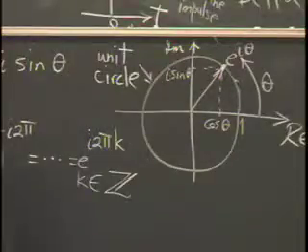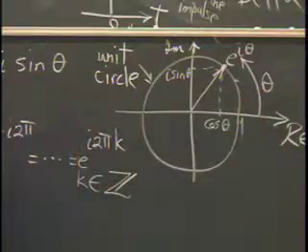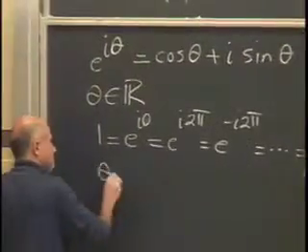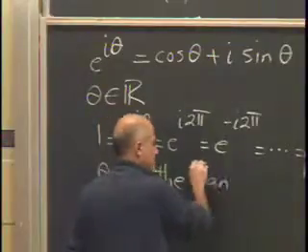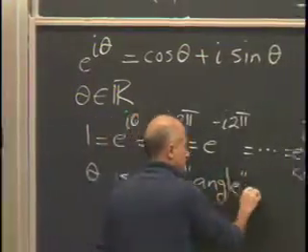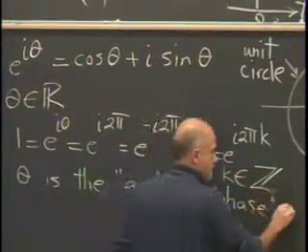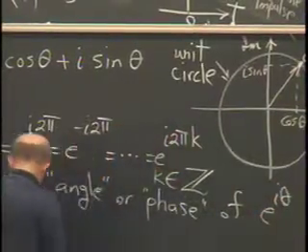There's always a 2 pi ambiguity with regards to this angle, which we also call the phase of e to the I theta. Theta is the angle or phase of e to the I theta.